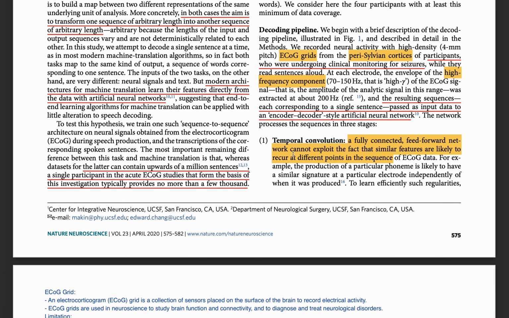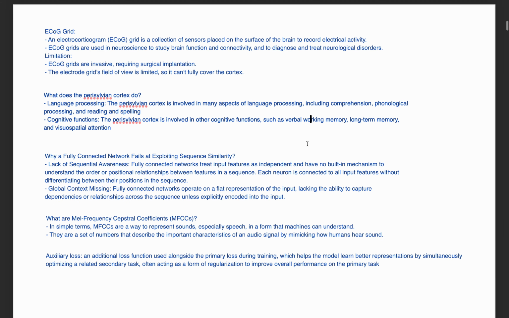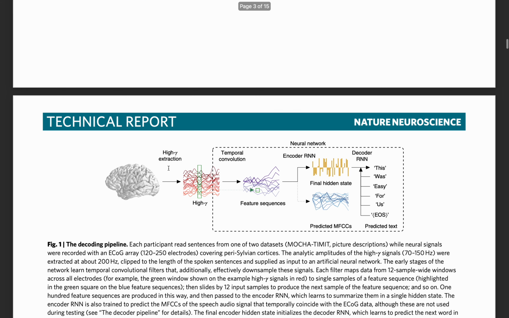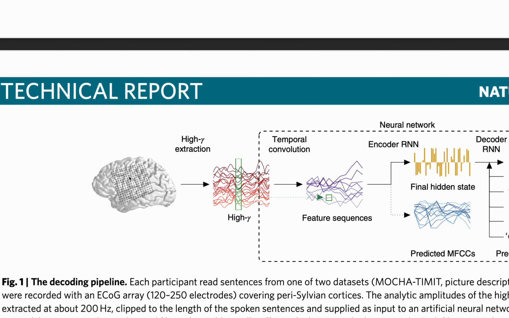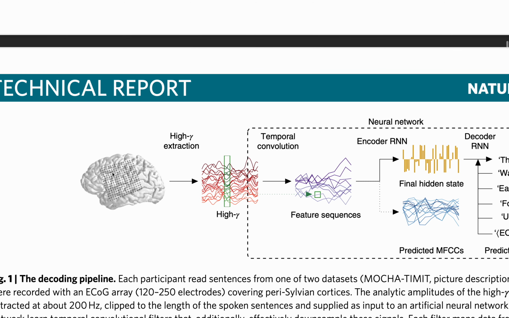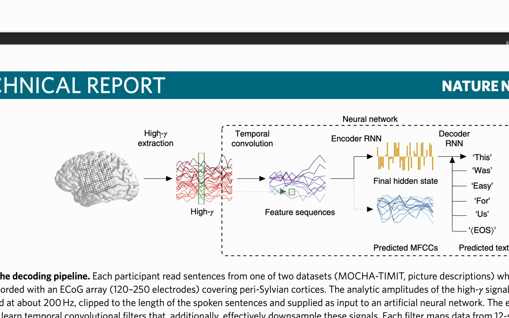Now, there are three key steps in terms of how the architecture is structured. Let's look at the diagram first and then start with this temporal convolution. So that's the brain. From the brain, you can see this ECoG grid, the small dots. Using that, some activities, some waves are recorded.